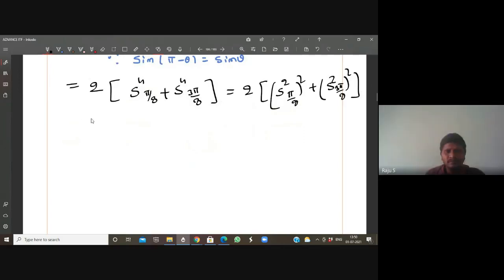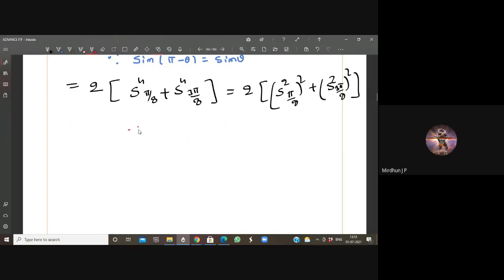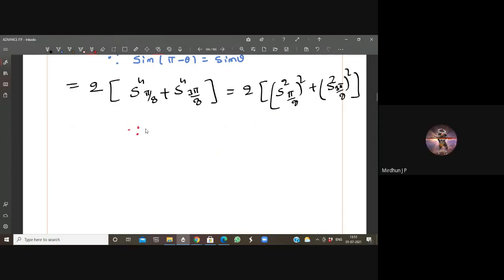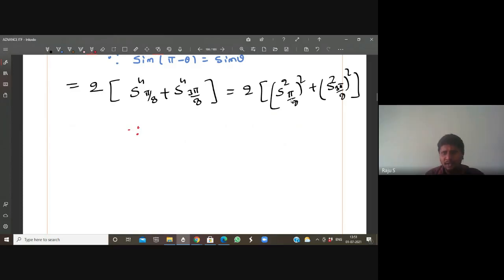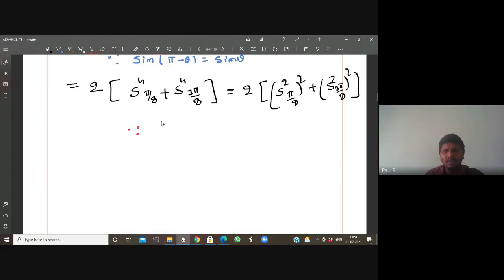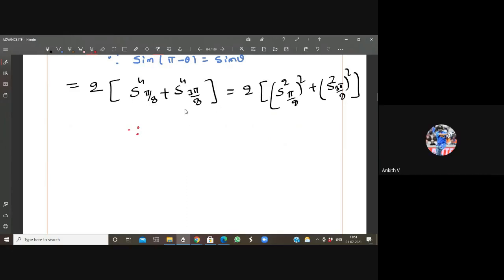Yes, sir. Students, do you know any sine pi by 8 value? You don't know. Sir, we know sine pi by 4, sir. Sir, sine power 4 3 pi by 8 can be written as cos power 4 pi by 8, sir.